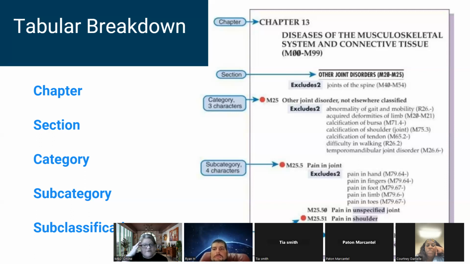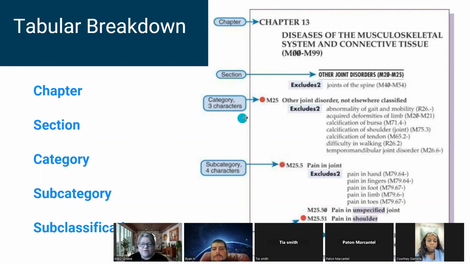And like we talked about a little bit yesterday, I told y'all where it was found. I think page 32, between pages 31 and 33 in your textbook, is where you can find this little excerpt that you can refer back to. It gives you the chapter number, say chapter 13 in this example, and then you have your section, other joint disorders, which is going to be codes M20 through M25, okay?